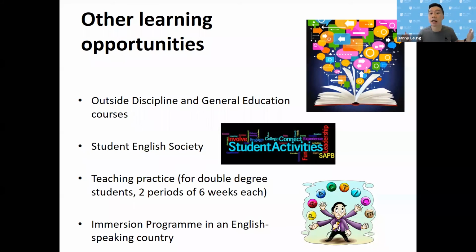It really depends on your own interest, and you can participate in any of them. That's actually what we say 上莊 in Cantonese. So 上莊, that's societies. And for the English double degree students, they will be assigned to be teachers in 2 periods of 6 weeks each.